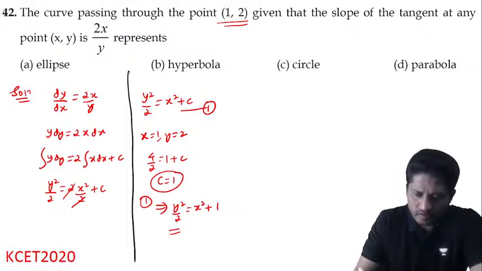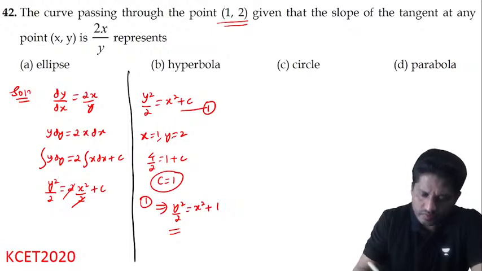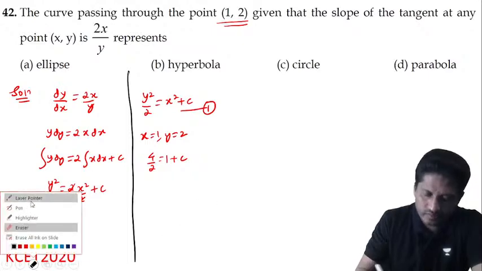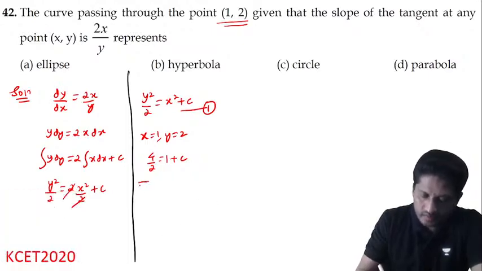So put x is equal to 1, y equal to 2. This is 2, right? Sorry. c should be equal to 1. You get 2 is equal to 1 plus c, so c is equal to 1.